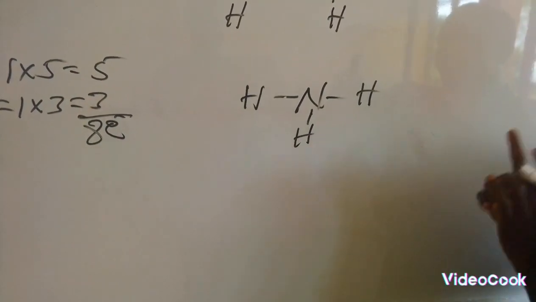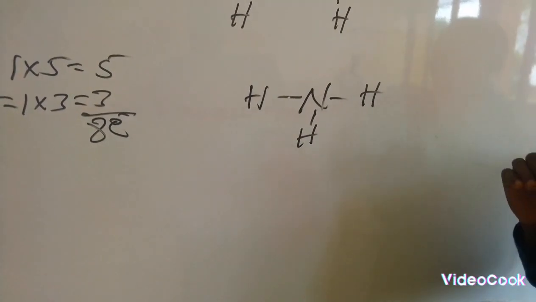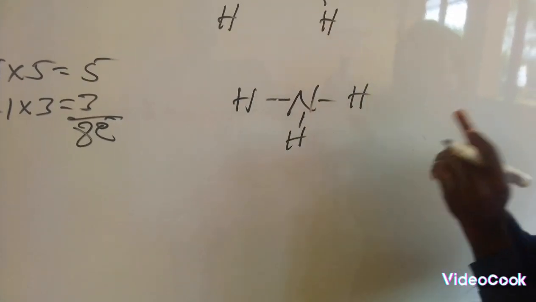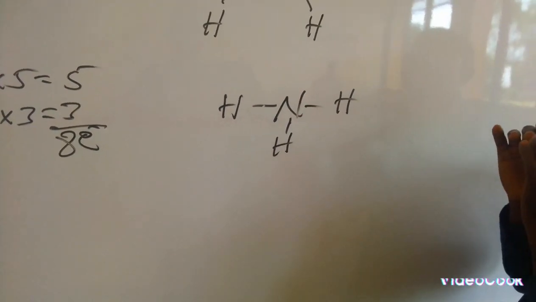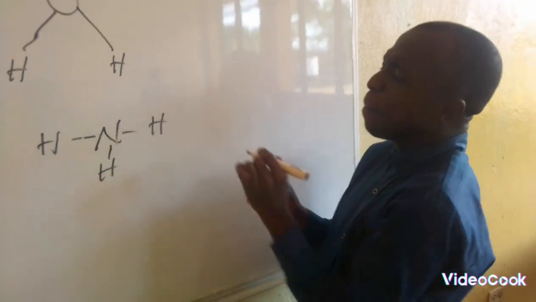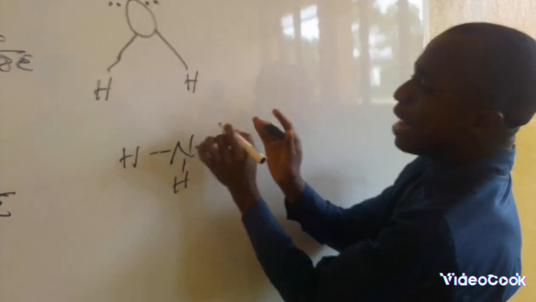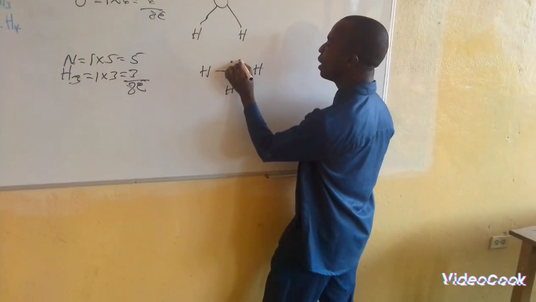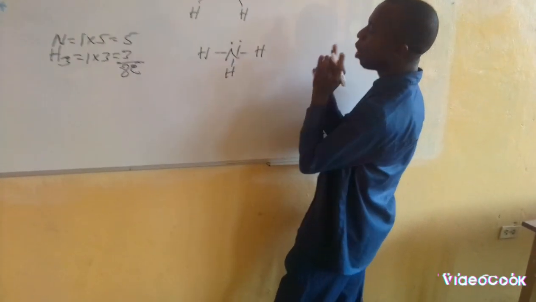There are 6 valence electrons used in this particular compound. How many remain? 2. To satisfy the nitrogen, we place the remaining electrons on the place that doesn't have electrons. So we bring it up here because here is where the lone pair belongs. So we put 1, 2, and each of those dots represents an electron.